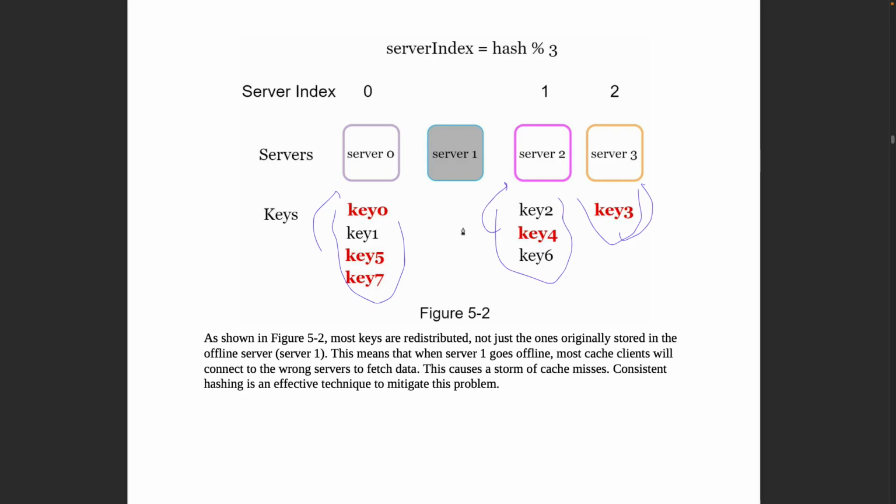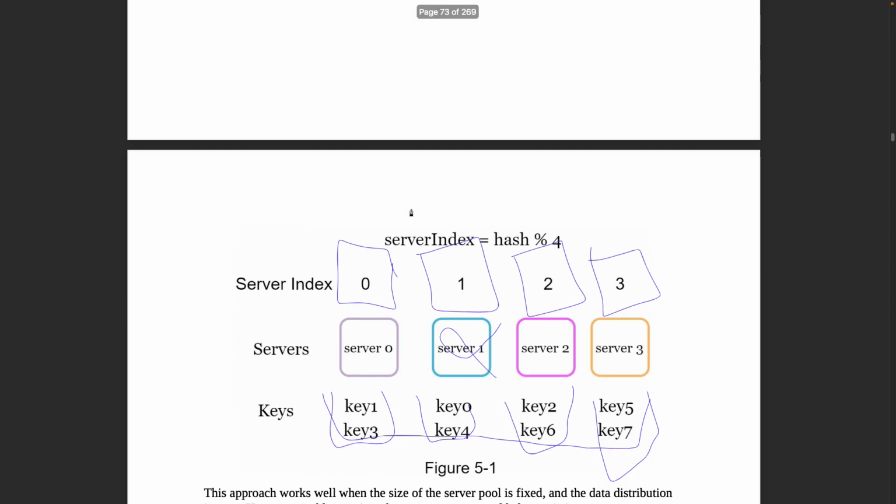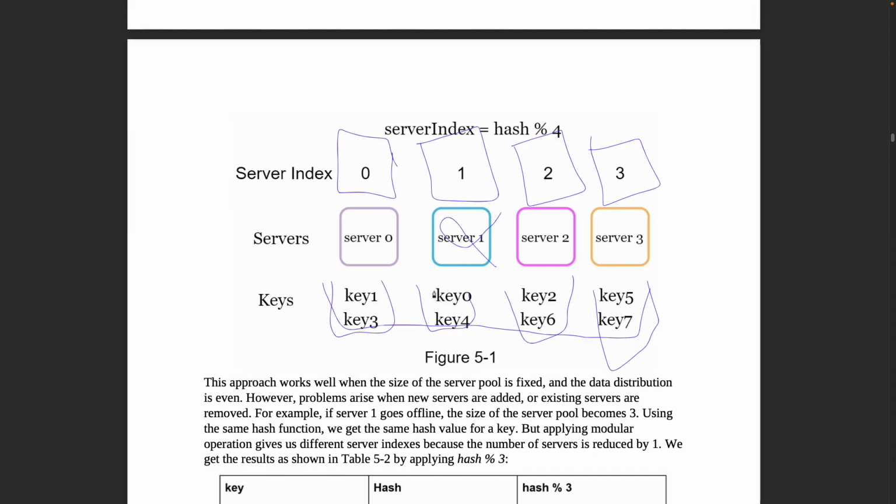The problem was that I didn't consider where key 0 is stored. It is stored in server 1, and 4 also is stored in server 1. Apart from these 2, which normally shouldn't have any response, the other servers have the answers for their keys.